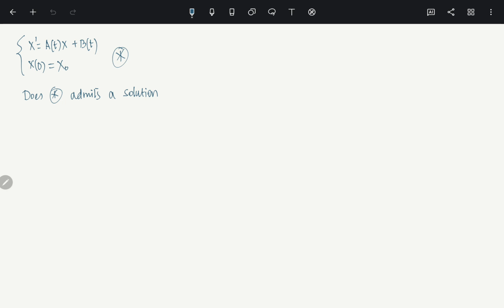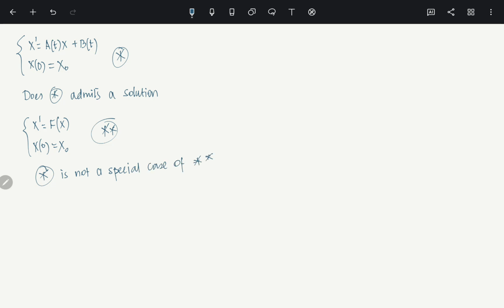Does it fall in this category: x prime equals f of x, x0 equals x naught? If it does, then we know that if f is C1, then all of this is done. But you see, star, let's call it double star. Star is not a special case of double star.